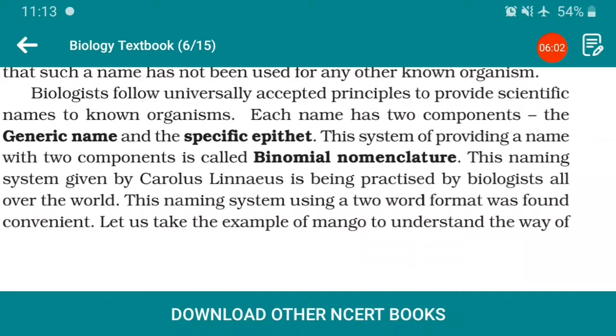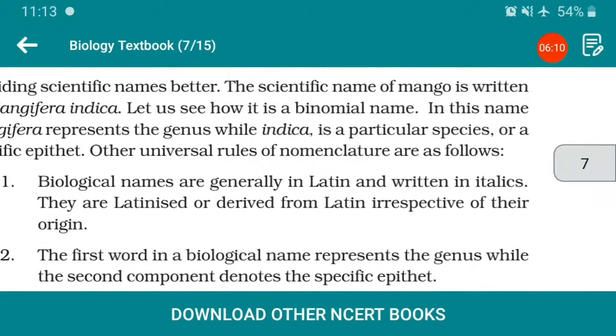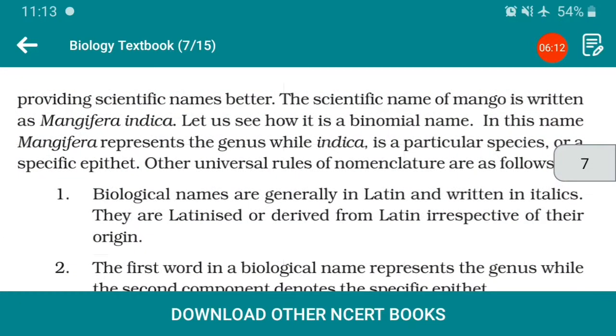This naming system using a two-word format was convenient: genus and species. The scientific name of mango is written as Mangifera indica, like human, which is Homo sapiens. The same thing, the scientific name given to the mango is Mangifera indica.